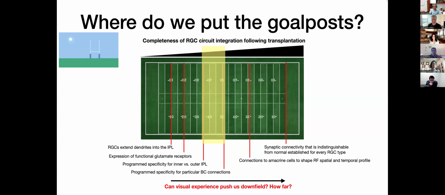Electrophysiologically? I think the answer is no, right? There's a lot of details we can talk about not getting right, but we're not close if we don't have any synaptic integration of these cells yet, right?